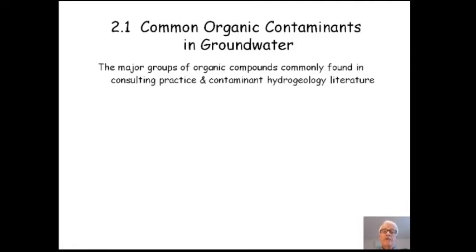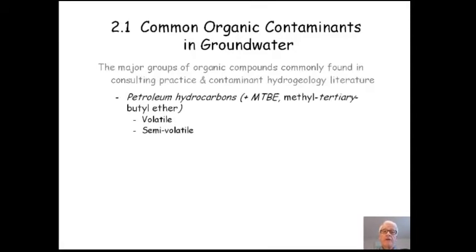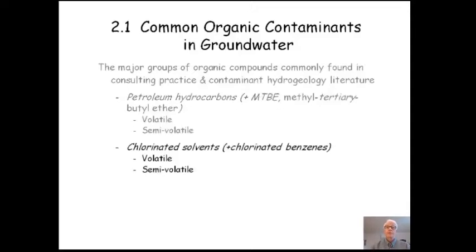So what do we find in groundwater? Well, the major group of chemicals that we find in groundwater include petroleum hydrocarbons, which include additives to gasoline like MTBE or even ethanol. Another group of chemicals that's causing hydrogeologists a lot of concern are chlorinated solvents. Third group are pesticides and herbicides. These are a complex group of chemicals.